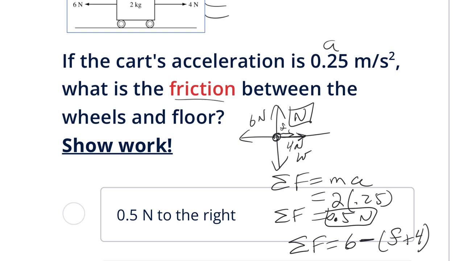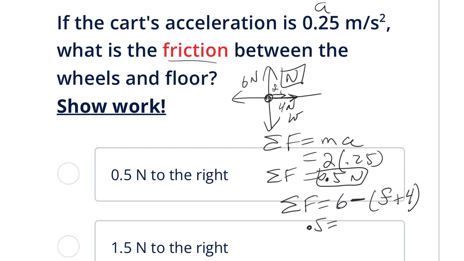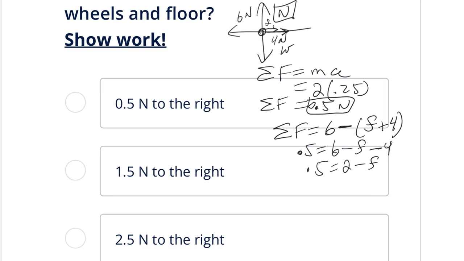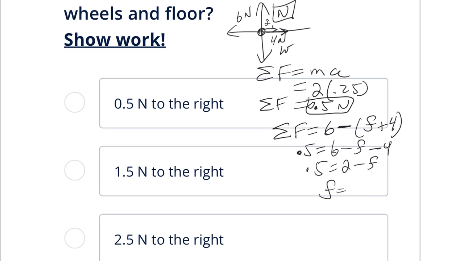Okay, so 0.5, we found what the net force is right there. 0.5 is equal to 6 minus f minus 4. So 0.5 equals 6 minus 4 is 2 minus f. So f, add f to both sides, then subtract 0.5 from both sides.